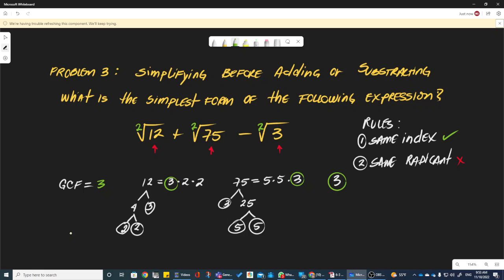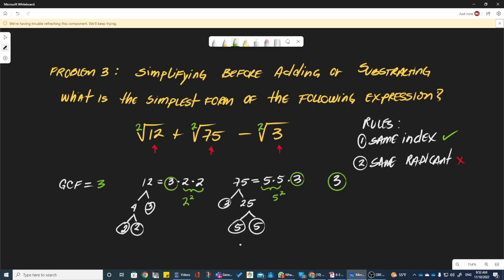Okay? And you got 2 and 2. 2 times 2 equals 2 to the power of 2. And then you got 5 times 5, which is equals to 5 to the power of 2.